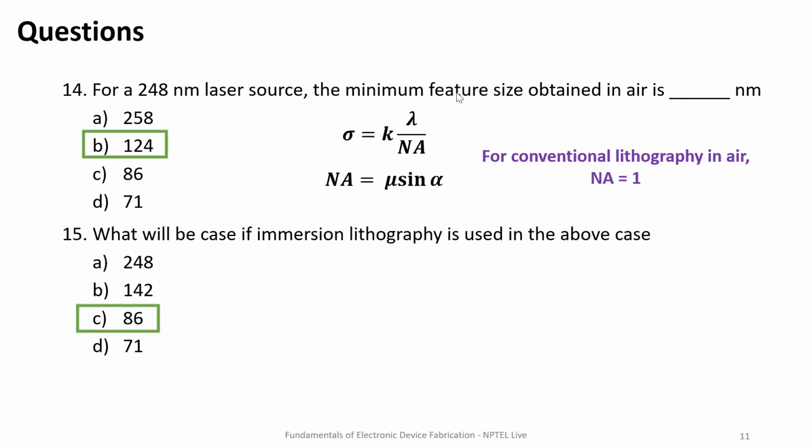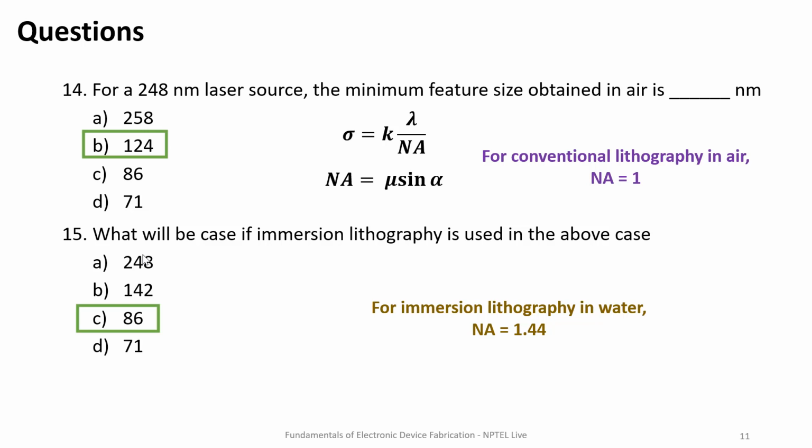So in case of immersion lithography, the same process is done in another medium having a higher refractive index, and that will be 1.44. Substituting 1.44 in the same equation, sigma is equal to k lambda by NA, we will get 86. So is that clear for all of you?